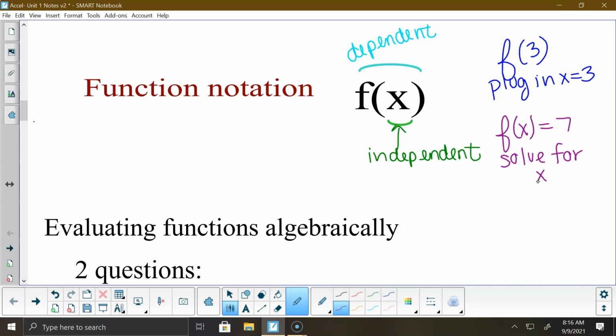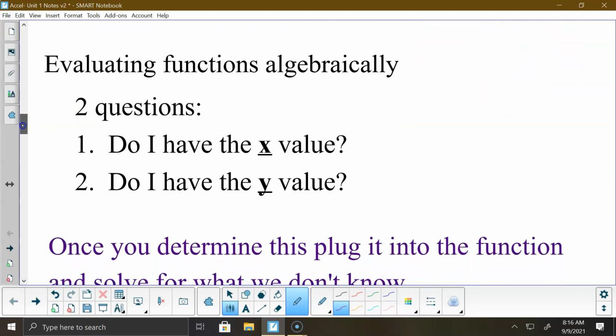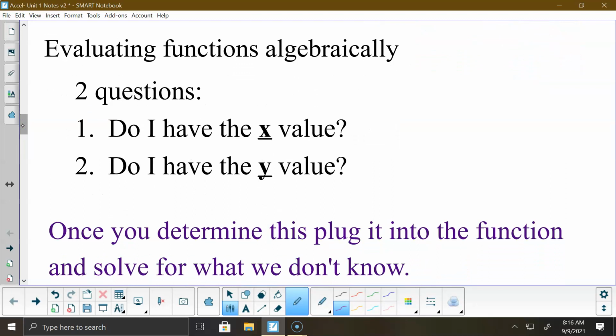Ready? So when you're evaluating a function algebraically, you want to ask yourself, do I have the x value or do I have the y value? Okay? So remember, having the x value is f of 2.